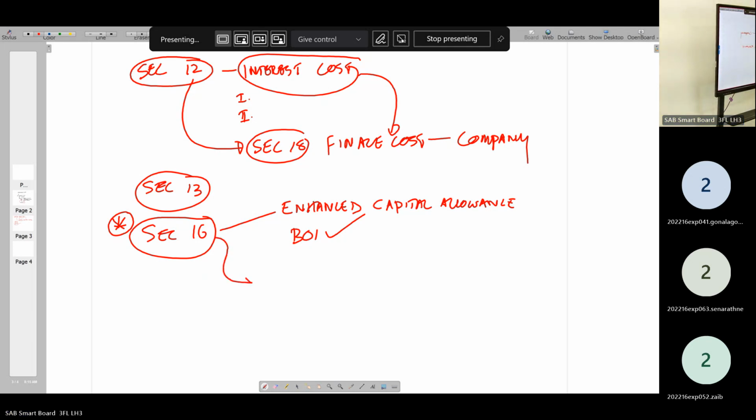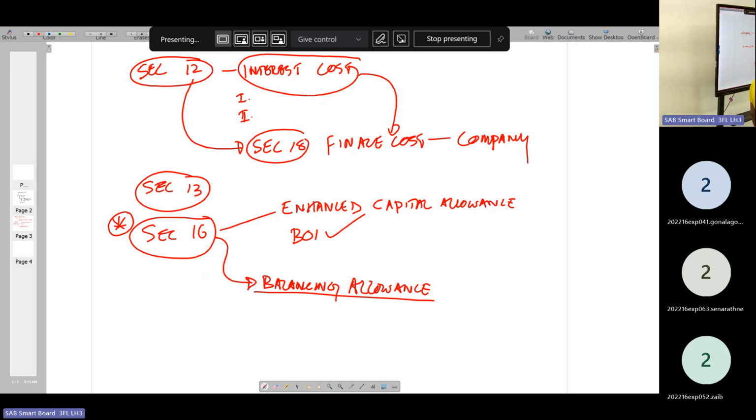Thereafter, balancing allowances. Balancing allowance is given for a depreciable asset, or assets on which capital allowances were already claimed, and on transfer or disposal during your investment, we have to work out the balancing allowance.